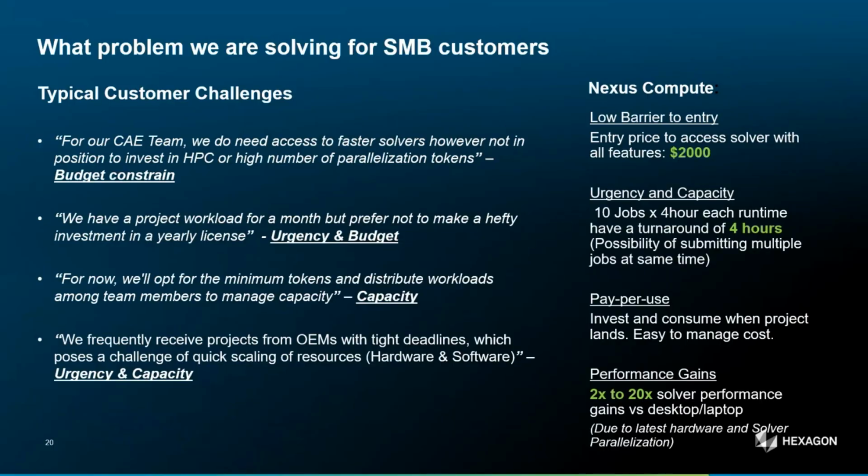So the entry price is $2,000 or euros. I think this was supposed to be euros. And it gives you 2,000 credits. The evaluation term that you get is 1 month of access to 1,000 credits. The idea with that is for you to get a feel for how long your typical jobs run.